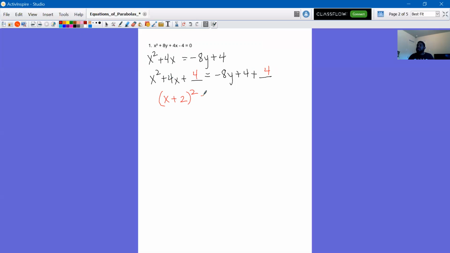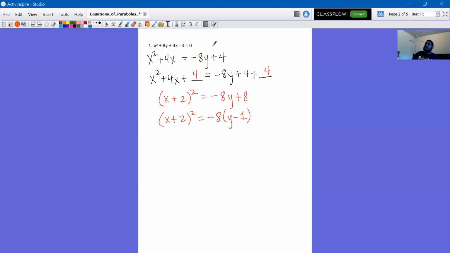Then, of course, simplify the right side. You get negative 8y plus 8. And then you want to factor out the number in front of y, which here is negative 8. So you get x plus 2 all squared equals negative 8 times y minus 1.